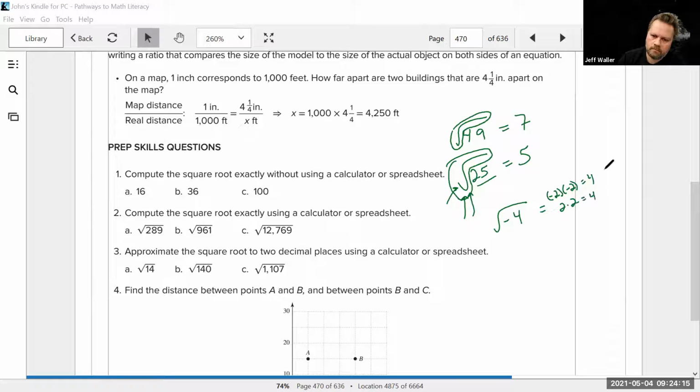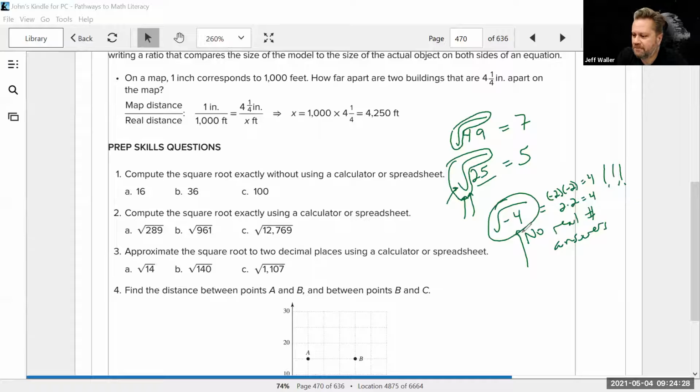Yep. Exactly. So there's no real number answer. All right. Just to freak you guys out, there is an answer to this. There is. But there's no real answer to it.